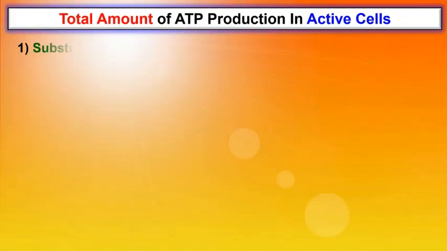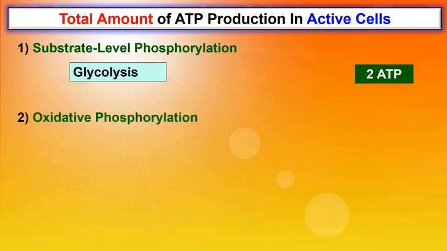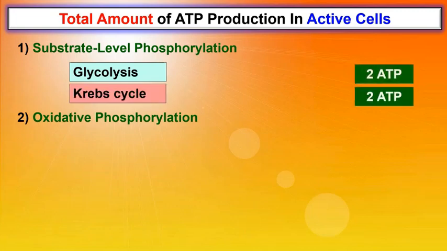So the grand total amount of ATP production in active cells: by substrate level phosphorylation, glycolysis will produce 2 ATP. The Krebs cycle also produces 2 ATP.